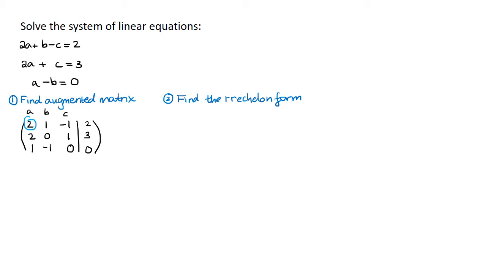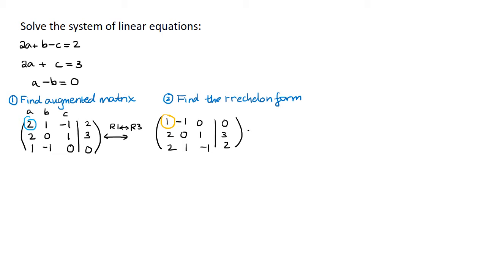So I'm going to start just by swapping row 1 and row 3 so that we get a 1 in this first leading entry.